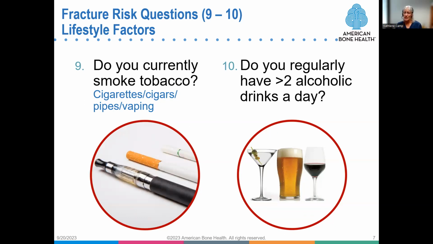And with alcohol, we see that excess alcohol has a negative effect on bone density, fracture, and fracture healing. When you drink too much, the stomach does not absorb calcium adequately. Alcohol also affects the liver and pancreas, which are important to activate vitamin D and calcium absorption.